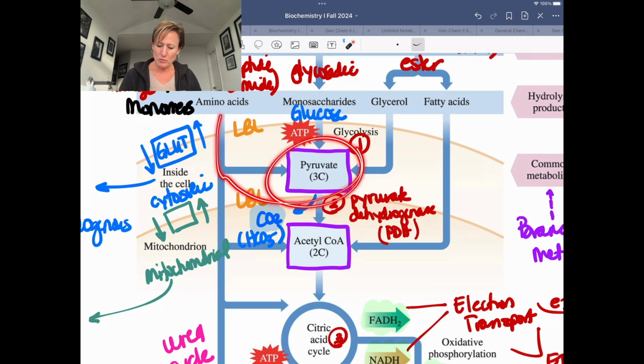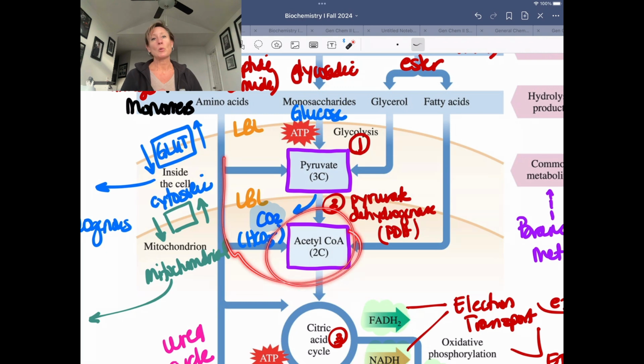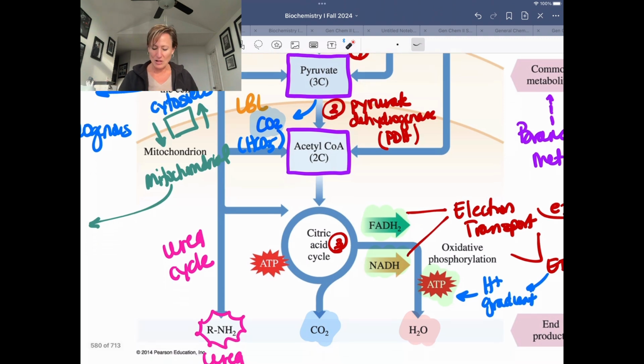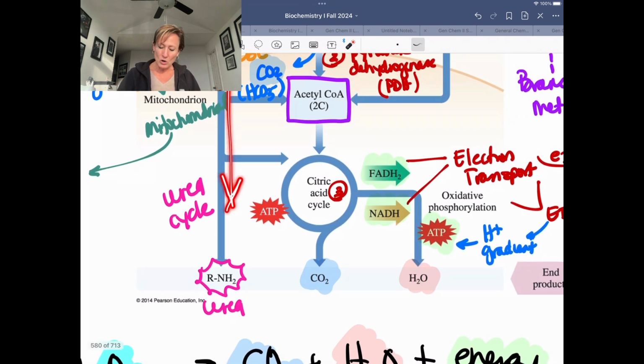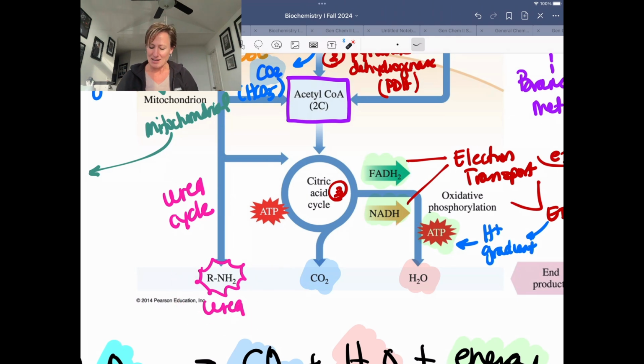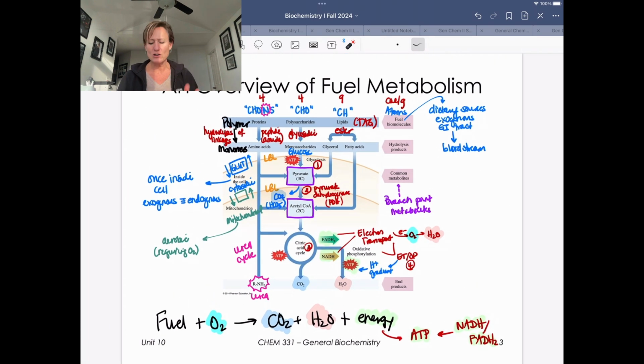That is either going to resemble the branch point metabolite pyruvate or the branch point metabolite acetyl-CoA. Those can then just be metabolized like so many other things. But importantly, we're going to learn about how that nitrogen piece is ultimately eliminated as urea. But great 30,000 foot overview slide that introduces us to metabolism.